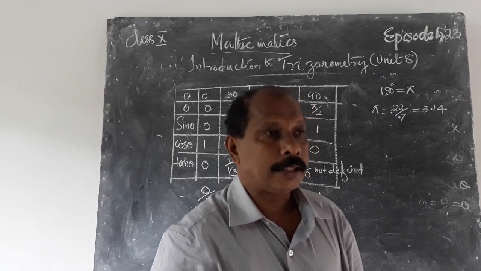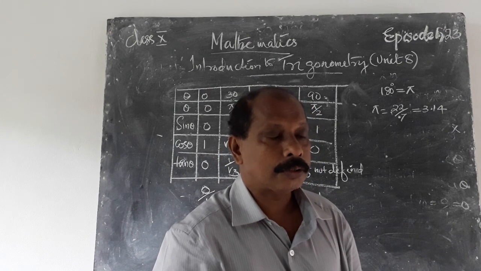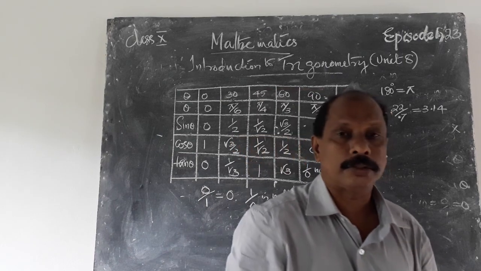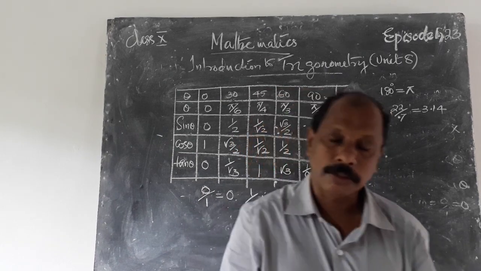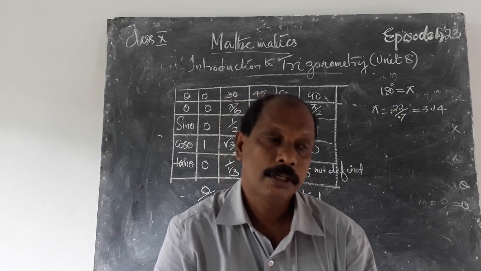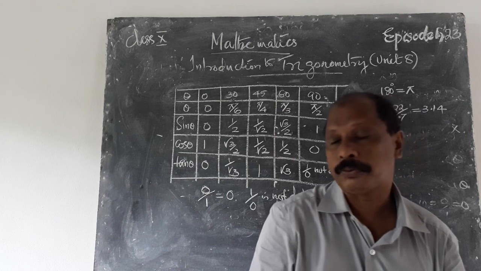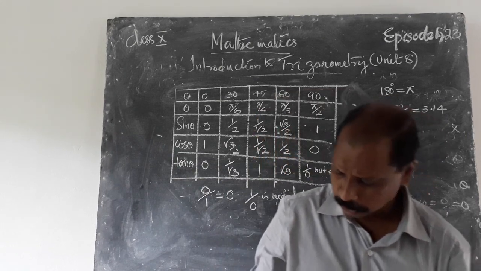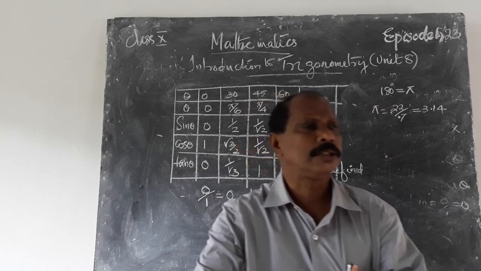Okay? That is sin 0, 0, cos 0, 1, tan 0, 0. Sin 30, 1 by 2, cos 30, root 3 by 2, tan 30, 1 by root 3. Sin 45, 1 by root 2, cos 45, 1 by root 2, tan 45, 1. Sin 60, root 3 by 2, cos 60, 1 by 2, tan 60, root 3.